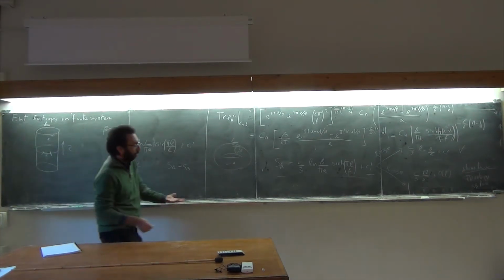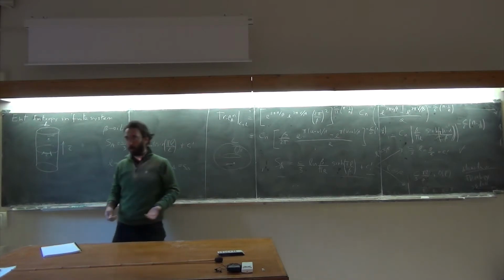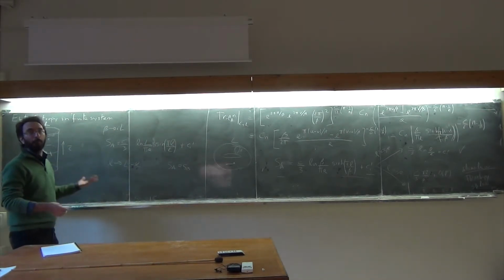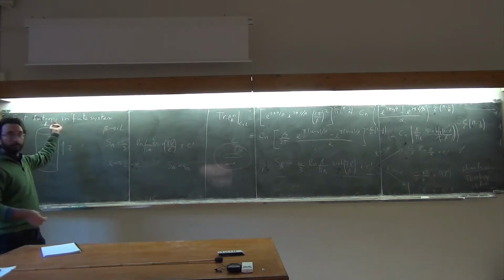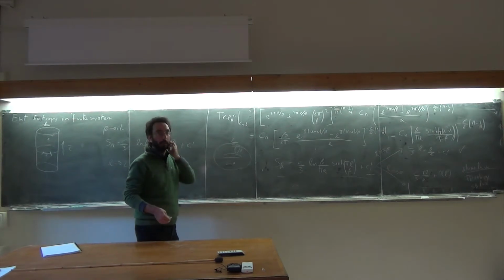This corresponds to the calculation of a two-point function on a torus. But since the torus has a non-trivial topology, genus 1 and not genus 0 as before, I cannot map it to the complex plane to use the results of before. And the calculation is much more complicated in this case.